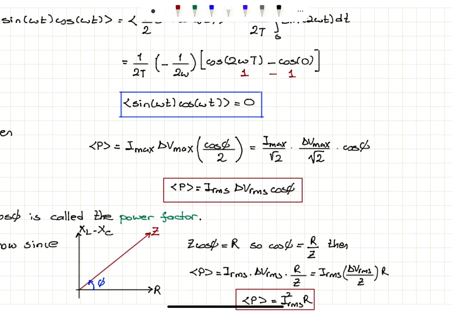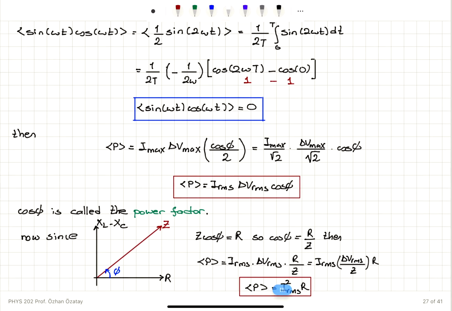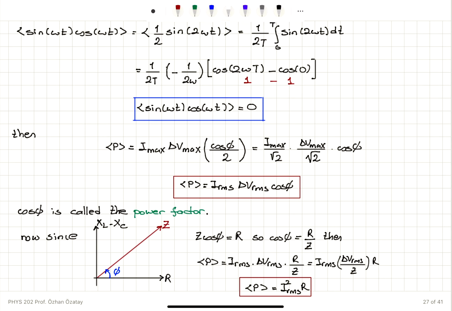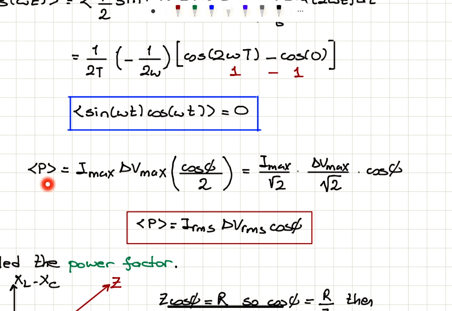So I can see that the average power is then, for the sine squared ωt average, I replace with 1/2, and this with 0, so this will give me cosine φ over 2. So you can see that average power is I max ΔV max cosine φ over 2.